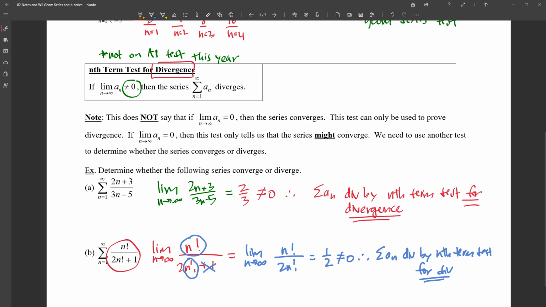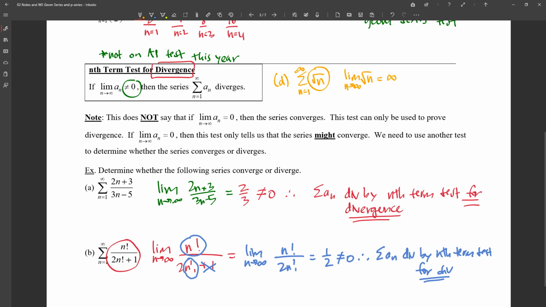And there's something else I'd like to add here, that for nth term test for divergence, if I had a problem like this, let's say problem D, the summation of the square root of n as n equals 1 to infinity, it's not a geometric series, obviously, so I'm going to try nth term test for divergence to see if the series converges or diverges. If I take the limit of this a sub n, what I get here, as n gets bigger and bigger and bigger, is that this will just go to infinity.